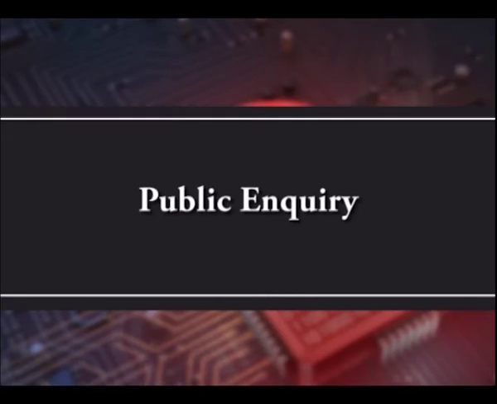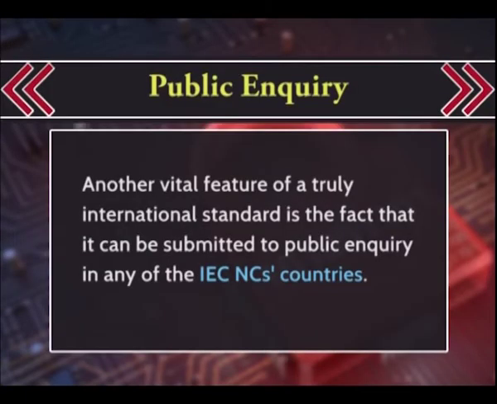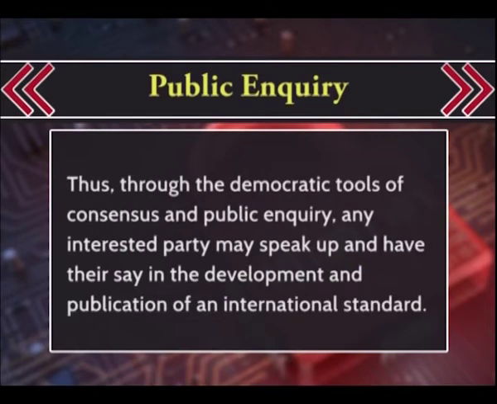Public inquiry: another vital feature of a truly international standard is the fact that it can be submitted to public inquiry in any of the IEC NC's countries. Thus, through the democratic tools of consensus and public inquiry, any interested party may speak up and have their say in the development and publication of an international standard.